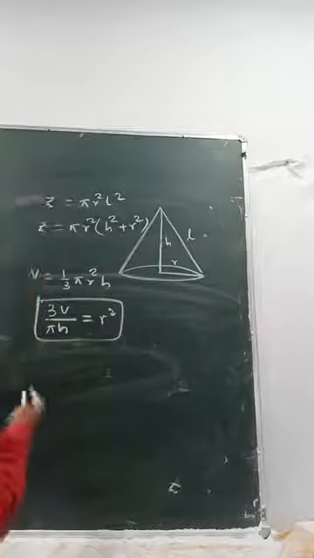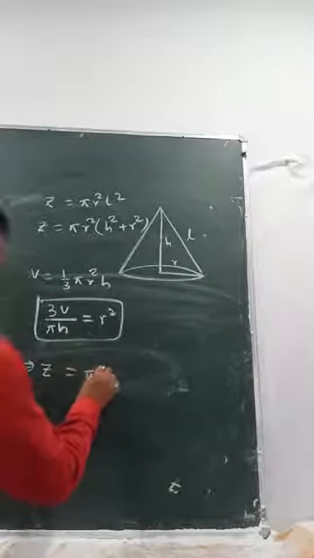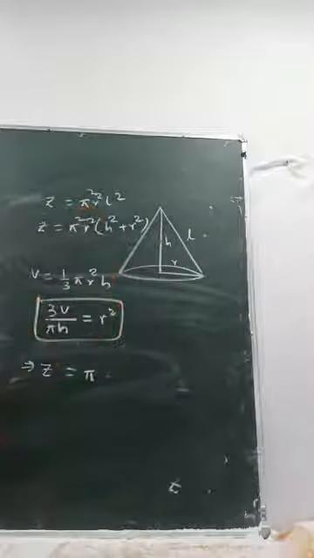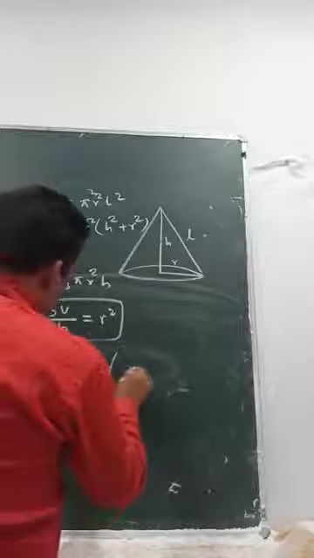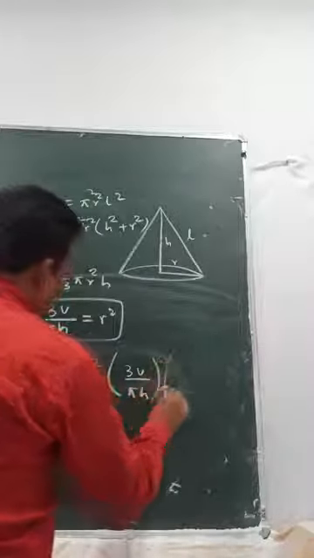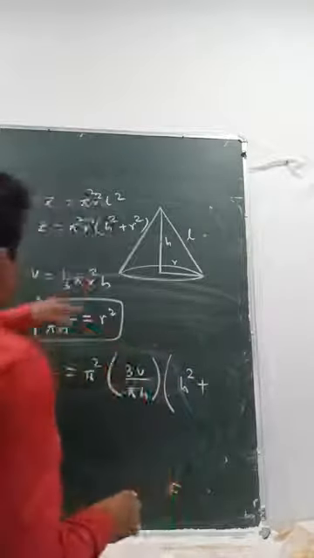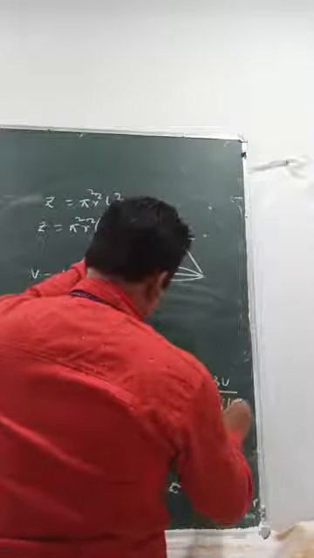So come to the point now. So z became pi square, sorry, pi square, r square is 3v by pi h. This will remain outside. Then h square plus 3v by pi h.